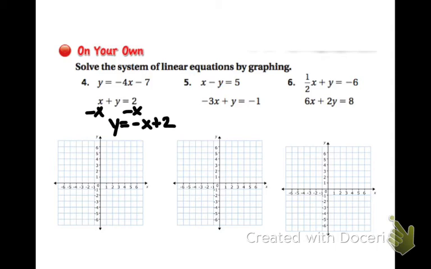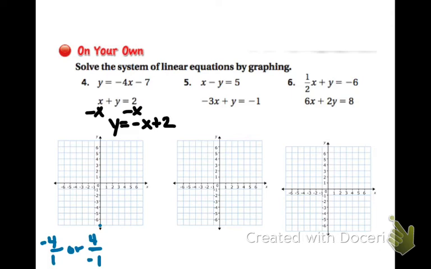Now I'm ready to graph the two equations. I can graph the first one at negative 7 on this y-axis, and then since my slope is a negative 4, that would be a negative 4 over 1. Remember that we can do negative 4 over 1 or positive 4 over negative 1. And the second one's going to be better because I need to go up in the positive direction.